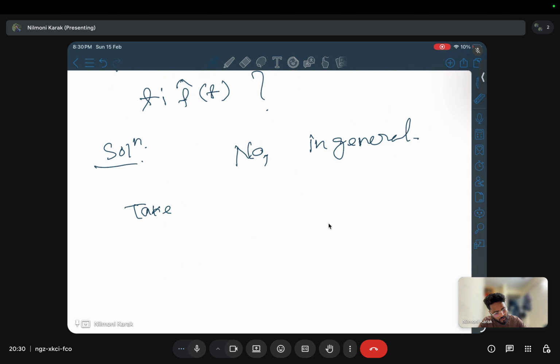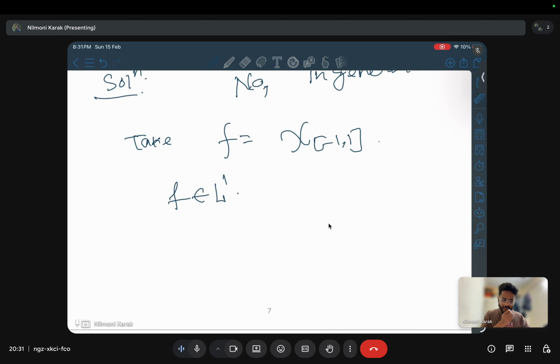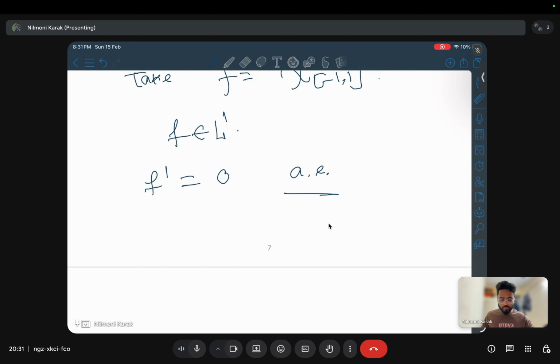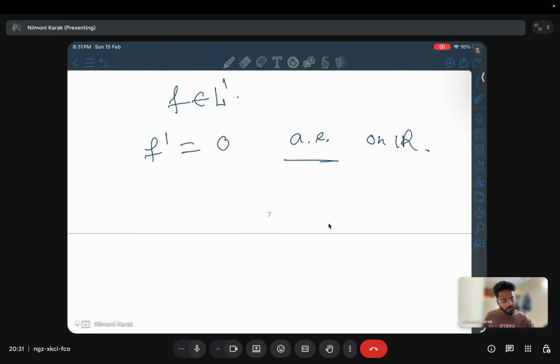Okay, anyway, give a counterexample. In general, take f equals chi of the interval from minus 1 to 1. Then f is in L1, no doubt, right? The integral is 2, so this is positive. And what is f dash? f dash is 0 almost everywhere. Actually f is not differentiable at the points minus 1 and 1, and in the rest of the interval f is differentiable, so f dash is 0 almost everywhere on R except two points. So f dash belongs to L1.